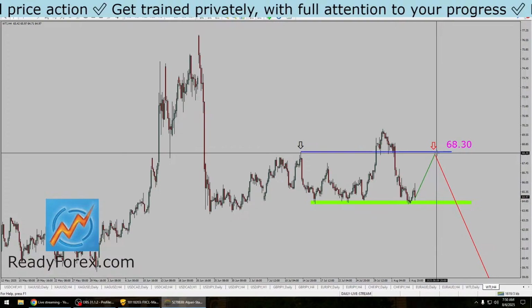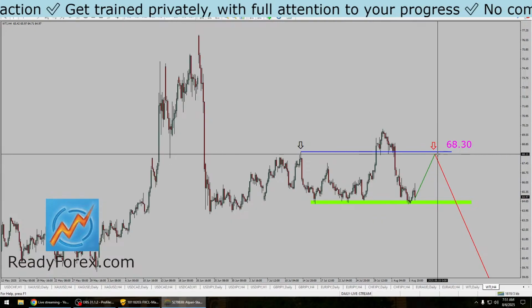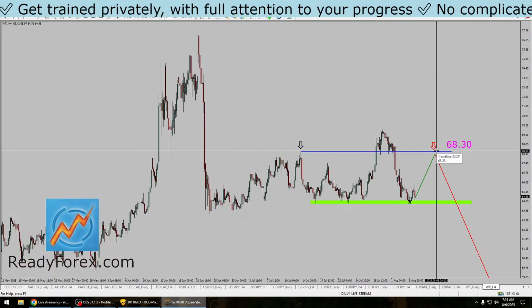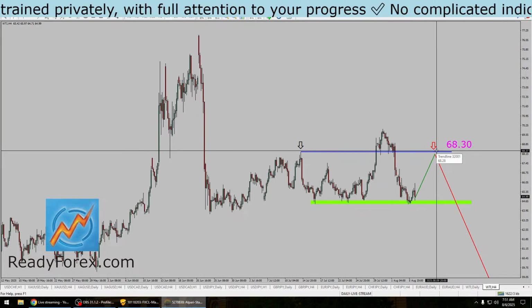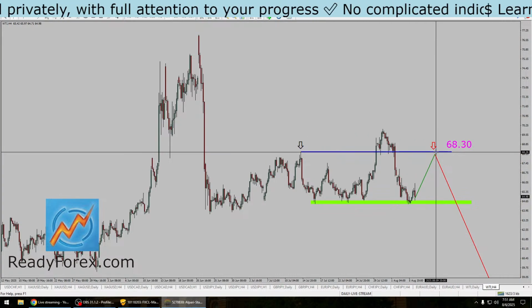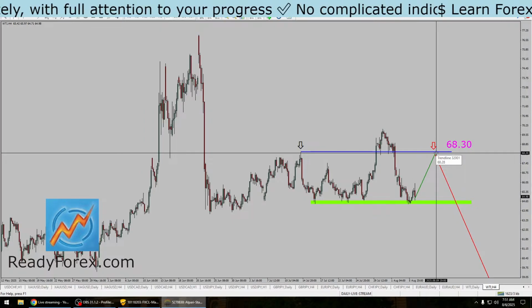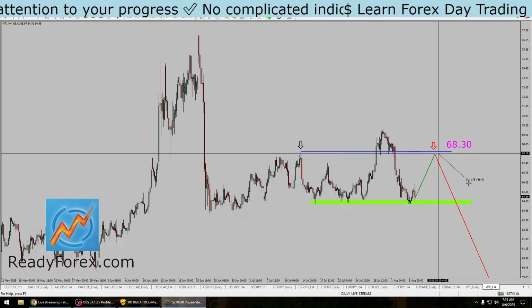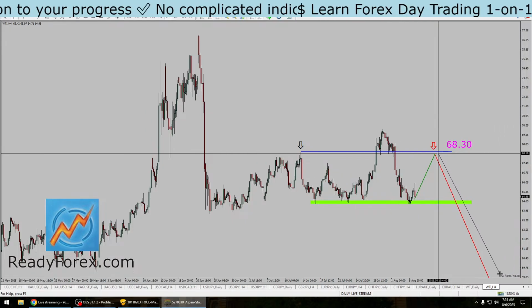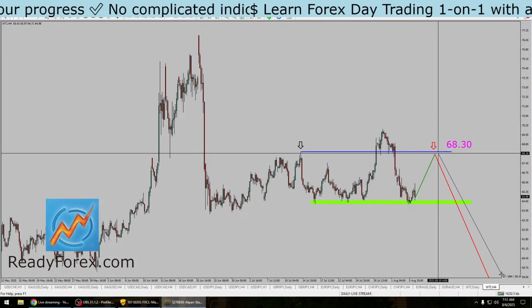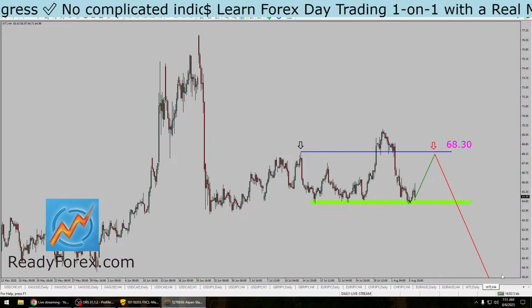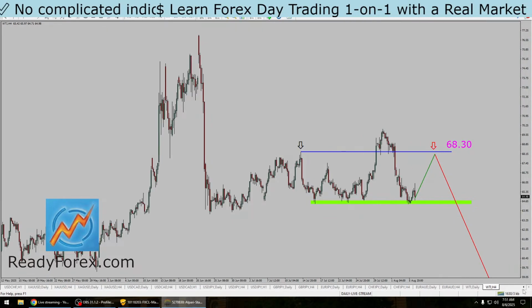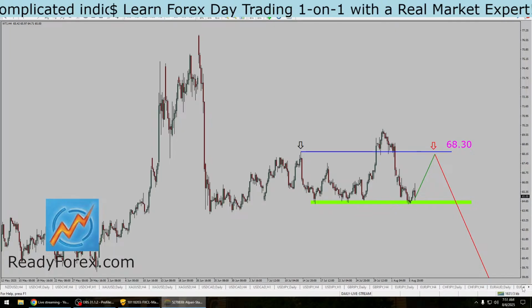Another idea is that WTI crude oil is going to drop, but first we might see some sort of a pullback around the 68.30 level. Then the market is going to print a top, and then expect a drop in price action of WTI crude oil. This is the current analysis.